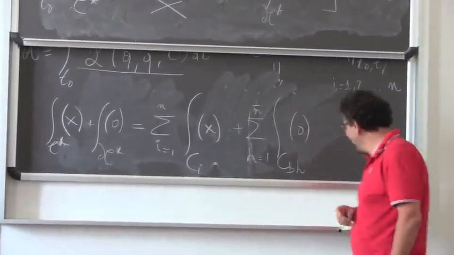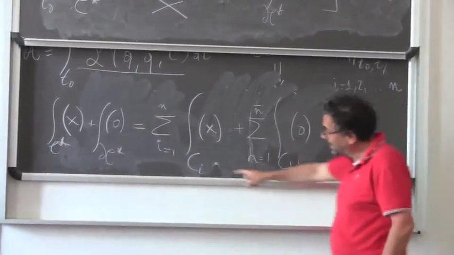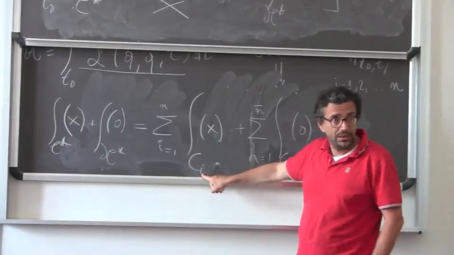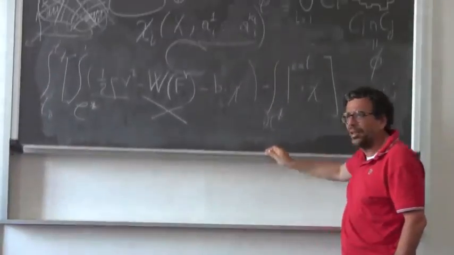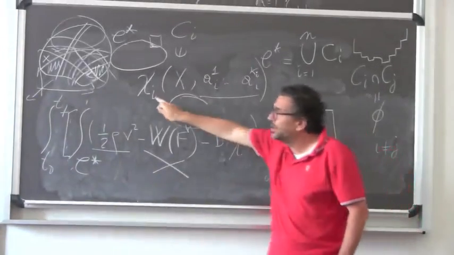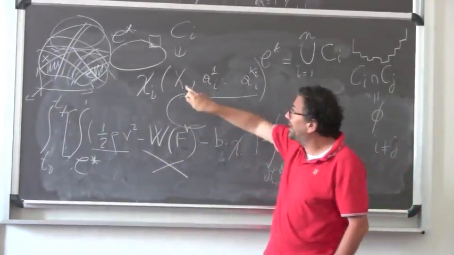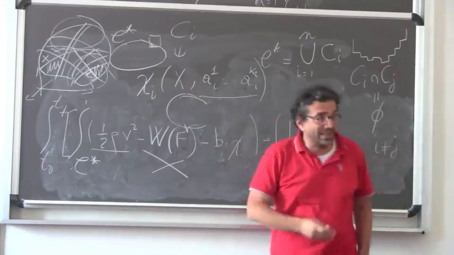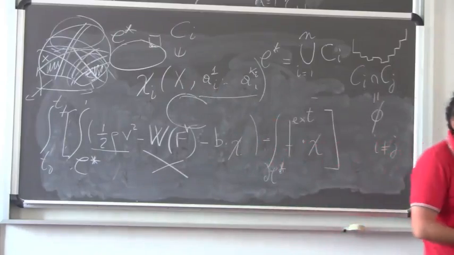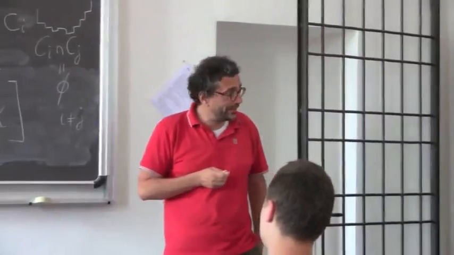Okay. Now, in each of these Ci, your unknown function Ki is a polynomial in x in terms of some finite number of parameters. Okay?